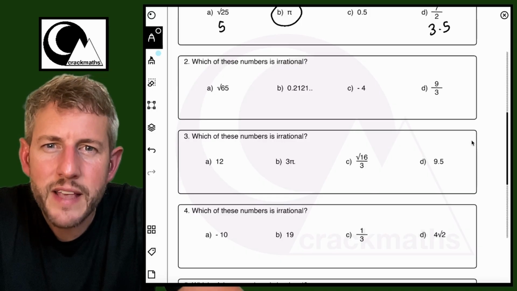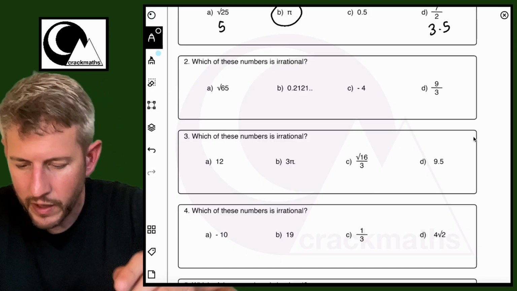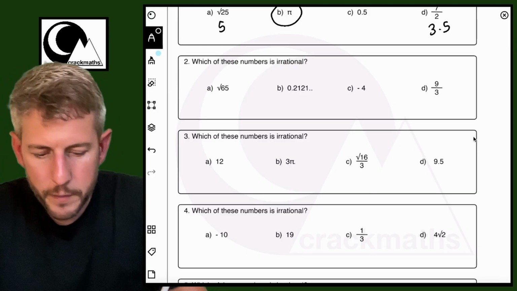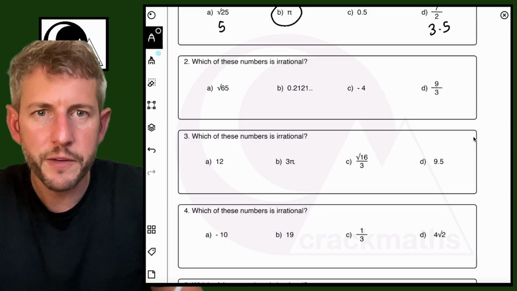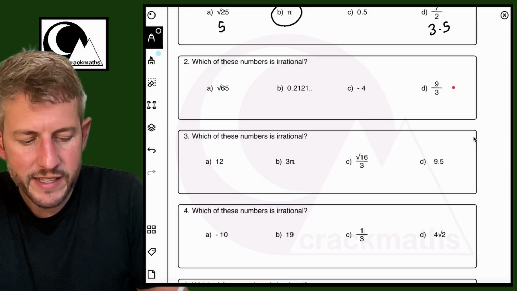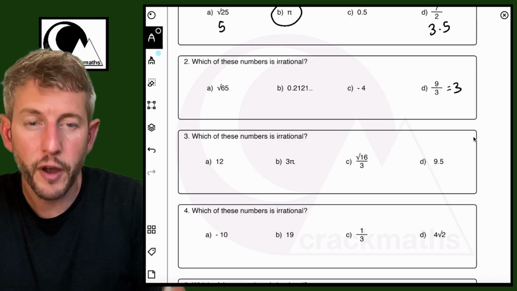Which of these numbers is irrational? I'll do it by process of elimination. 9 over 3 is just equal to 3, so that's fine.